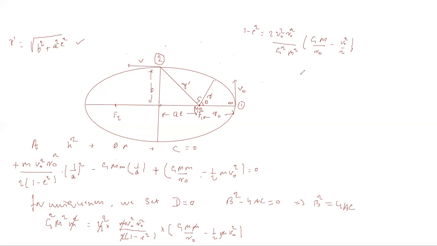Close the bracket. Then we can open up the bracket and write 1 minus e square is equal to 2 G M, capital G being the universal gravitational constant, by G square M square, r naught square v naught square and r naught in the denominator.